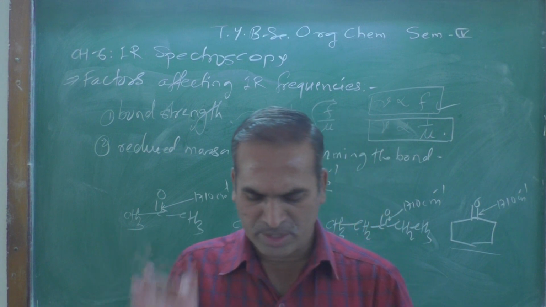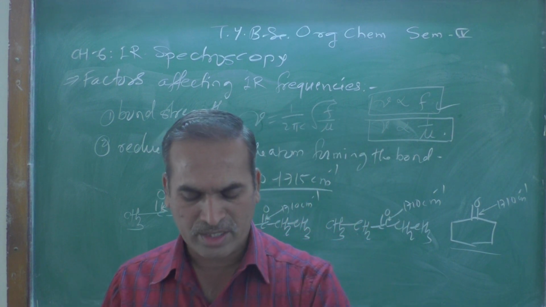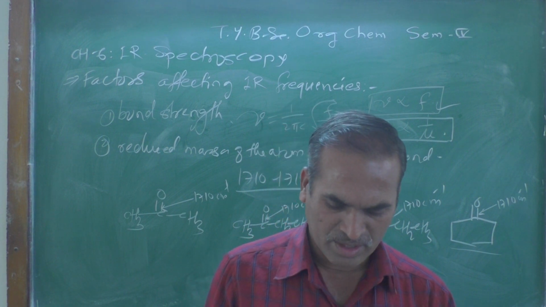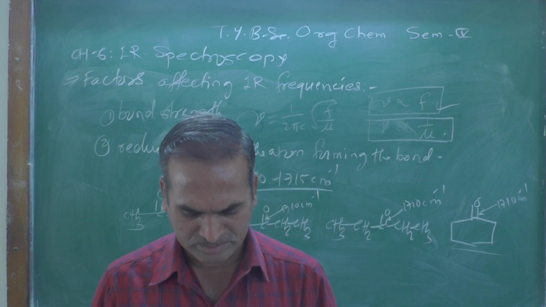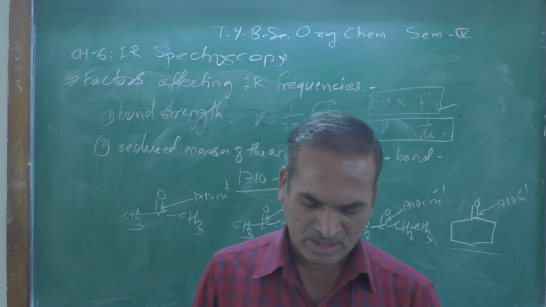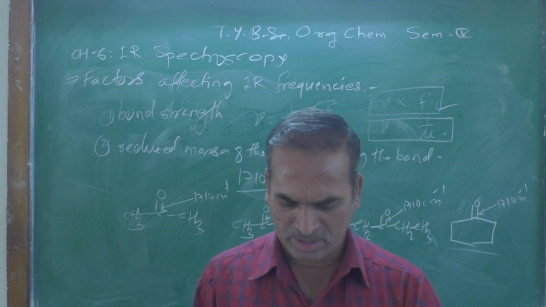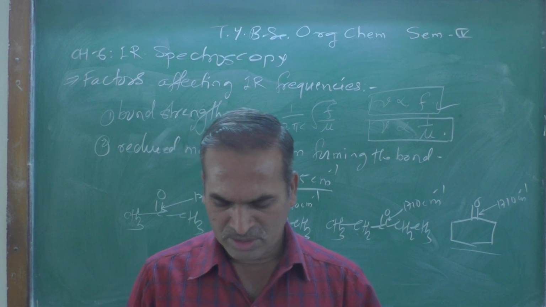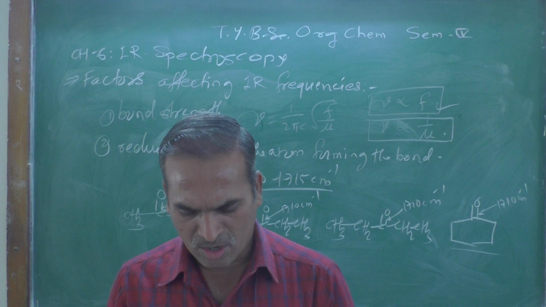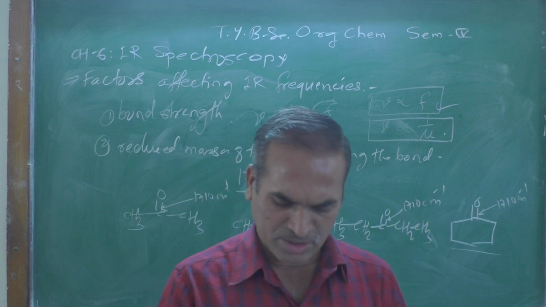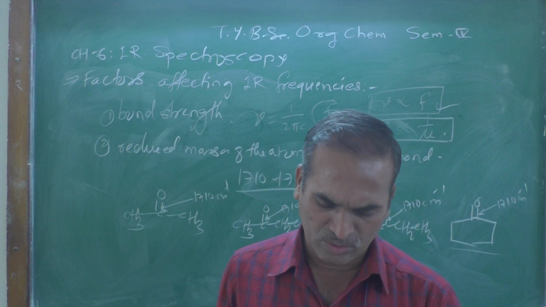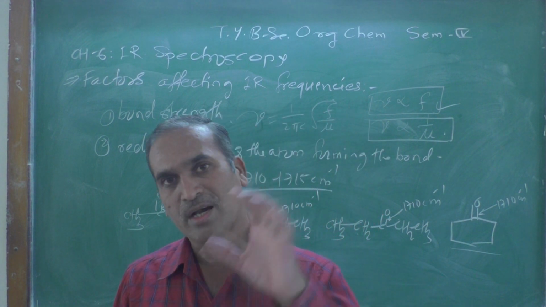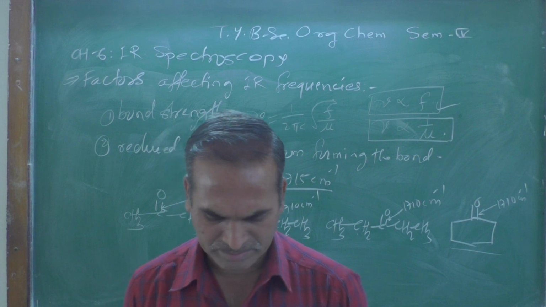IR spectrum is therefore very useful in knowing the functional groups present in a molecule. However, other structural features many times modify the stretching frequency of the functional group in the molecule, and hence the peak position in the IR spectrum.